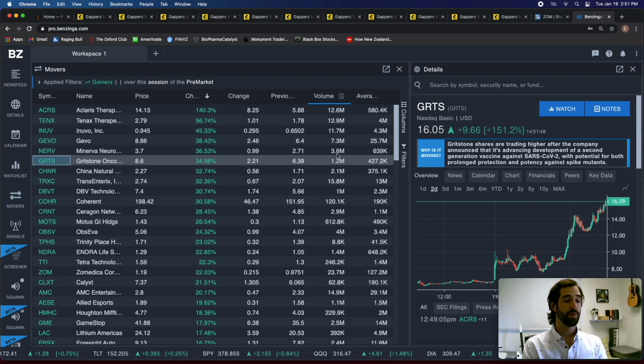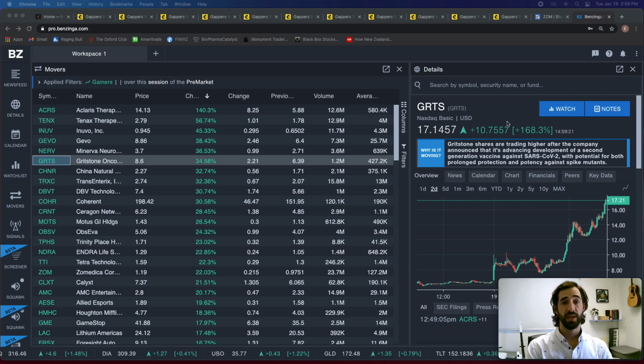However, on this particular morning in the pre-market session, meaning before the market opened, it had already traded 1.2 million shares, so more than double. This is something we want to take note of, do a little bit of further research, understand what's going on here, and if it warrants, we'll slap it on the watch list and send it over to you guys.